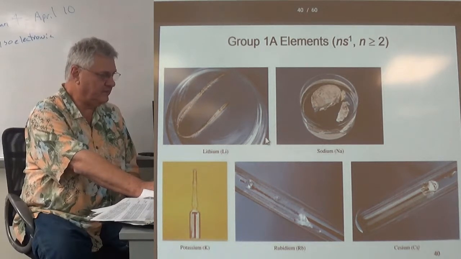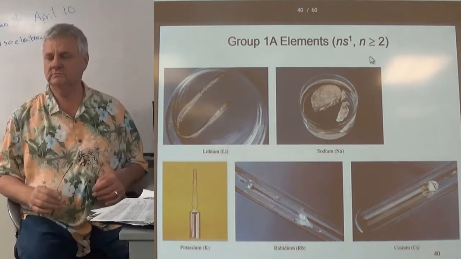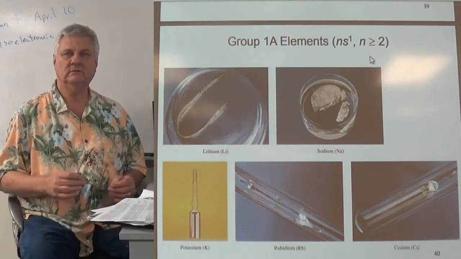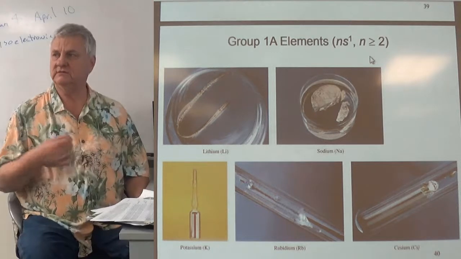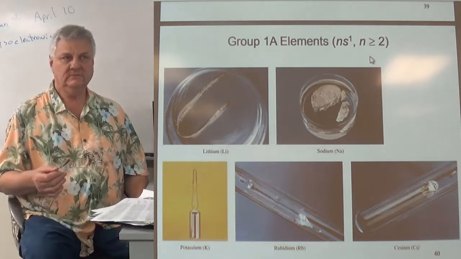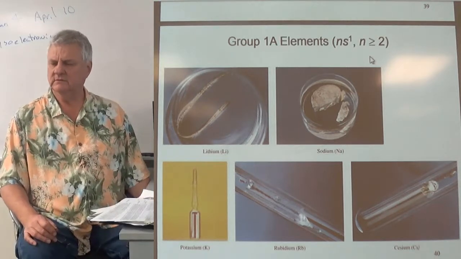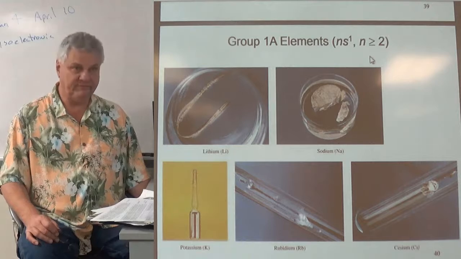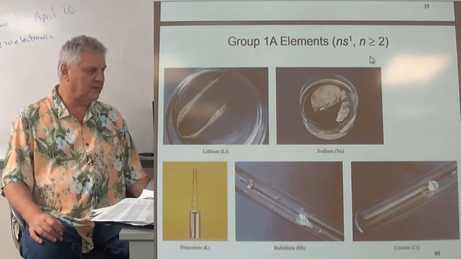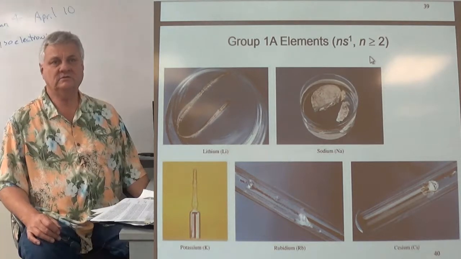And these tend to be very reactive metals. These metals don't exist in nature as atoms. They exist in nature as ions with a +1 charge, like sodium and potassium. In fact, sodium and potassium ions are actually electrolytes in our blood plasma. Okay? The way we find alkali metals in nature is as ions with a +1 charge.